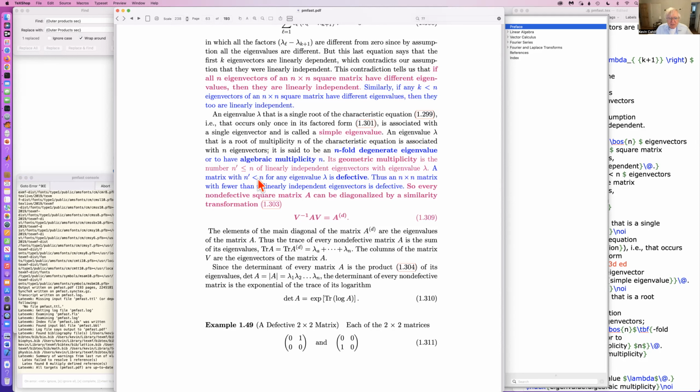Anyway, a matrix that has an eigenvalue that occurs n times in the characteristic equation, but is only associated with n prime or fewer than n linearly independent eigenvectors, is said to be a defective matrix. So an n by n matrix with fewer than n linearly independent eigenvectors is defective. The conclusion of all these definitions and theorems is that every non-defective square matrix can be diagonalized by a similarity transformation.